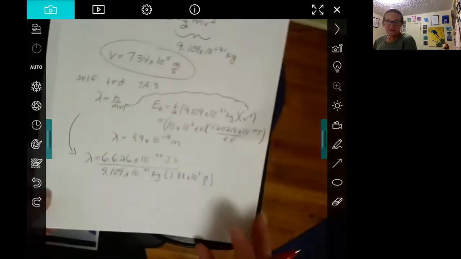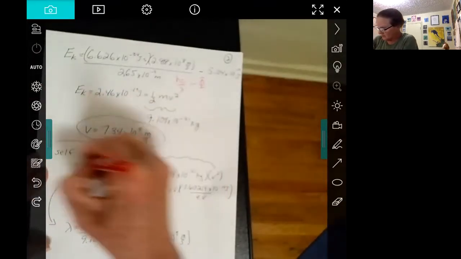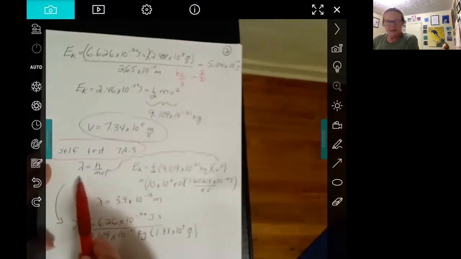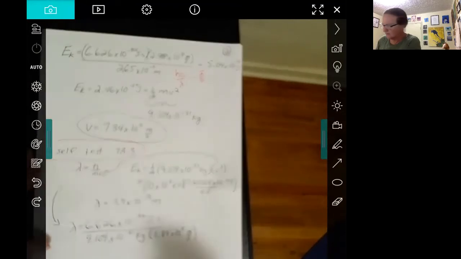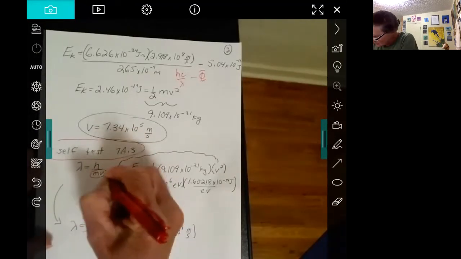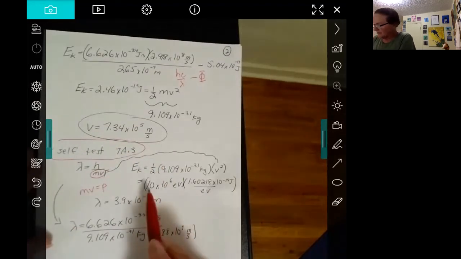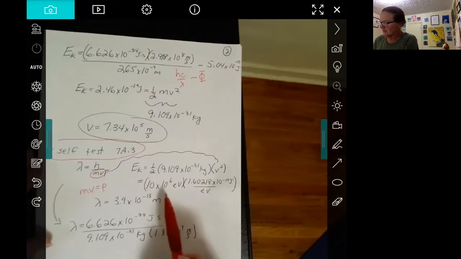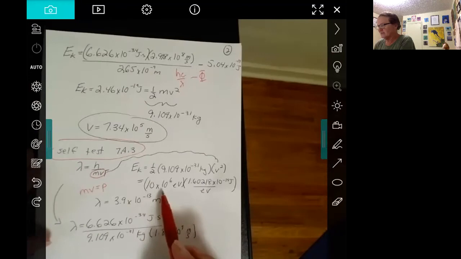So when we look at that self-test, we're going to use de Broglie's equation. And it starts right here. So de Broglie's equation, the wavelength is equal to h over mv. Mv is momentum. And so if I take the kinetic energy they gave me of 10 mega electron volts, that's equivalent to 10 times 10 to the 6th electron volts.